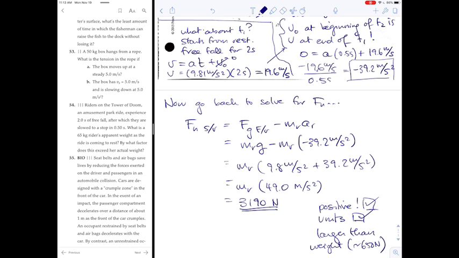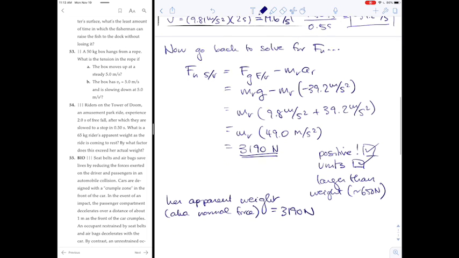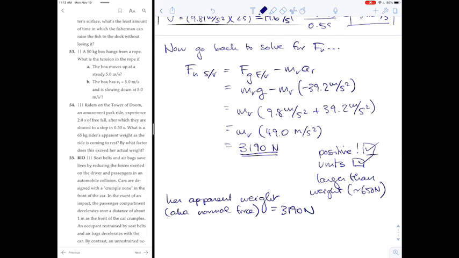What is the rider's apparent weight? So her apparent weight is 3,190 newtons. This is roughly 5 times her weight. Let's see, what factor is this?